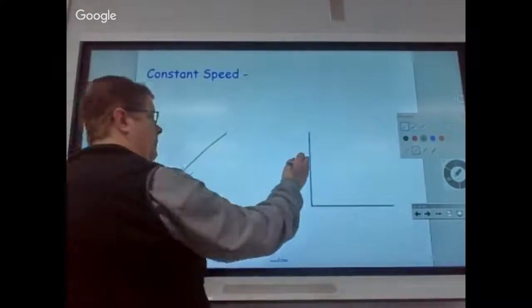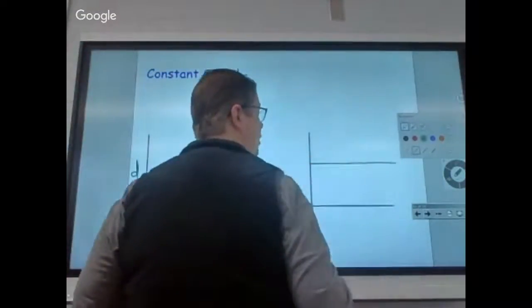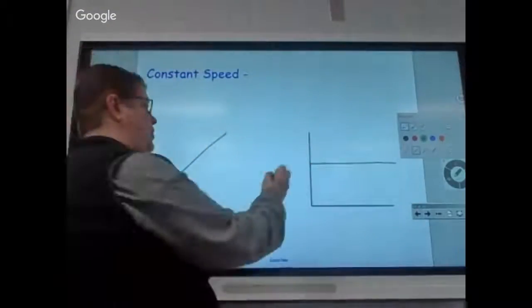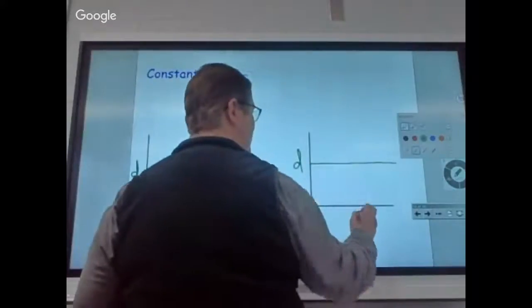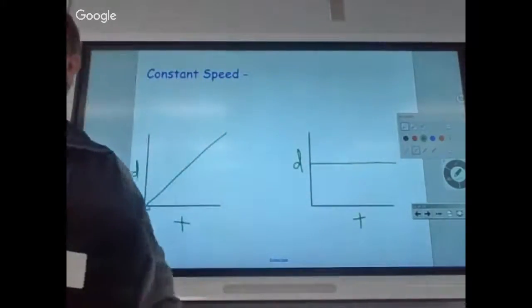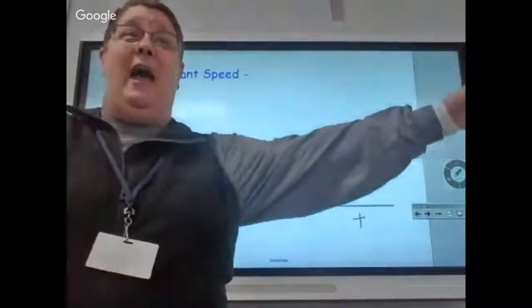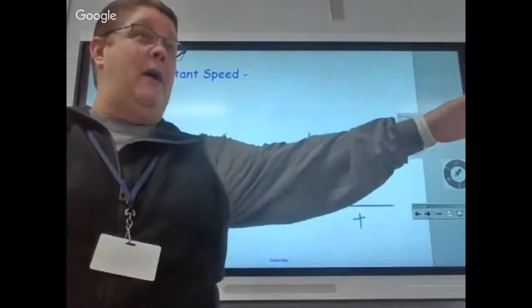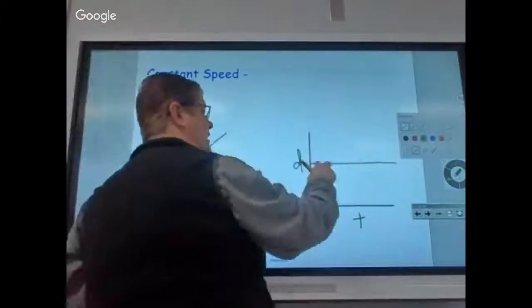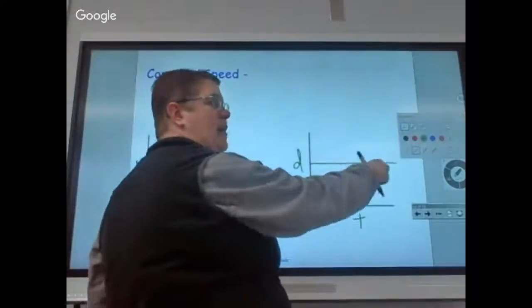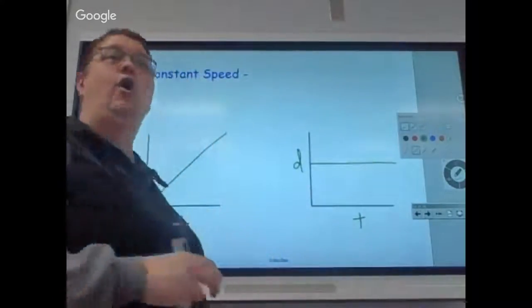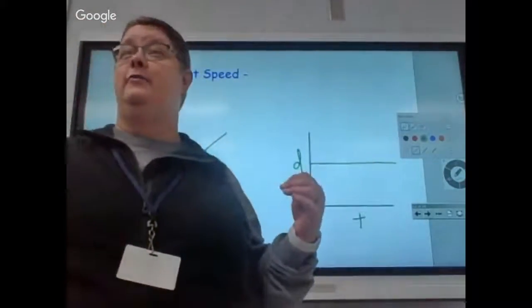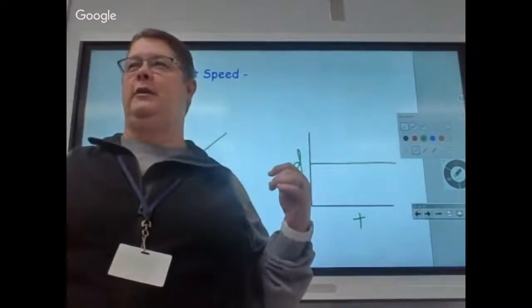It looked like this. What was that graph supposed to be showing you when it had distance and time? It's not moving. Because distance is not doing what on this graph?